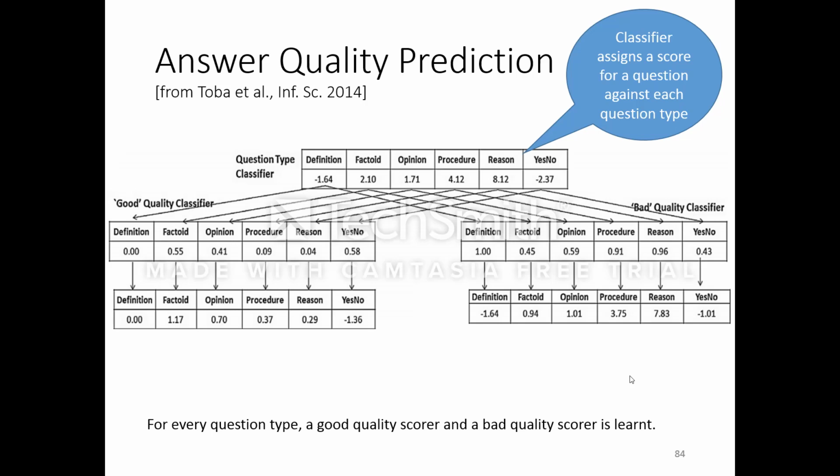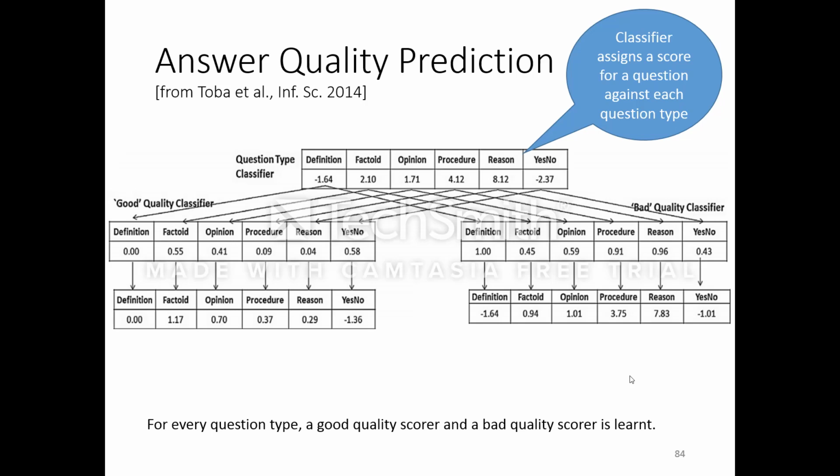Okay, we'll not go into details of how the scorer is working, but the input-output specification of what it actually does is, given that the question is of this type, it assesses the quality of the answer. Okay, so you have a good quality scorer and a bad quality scorer.